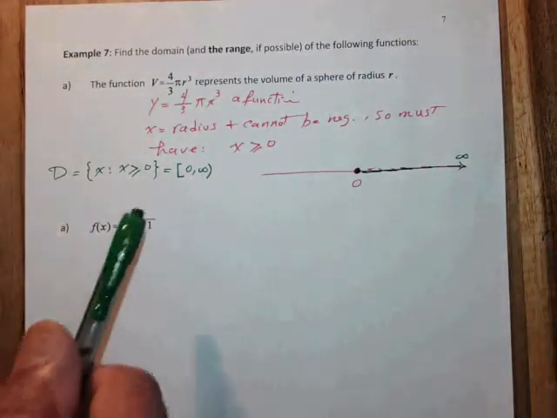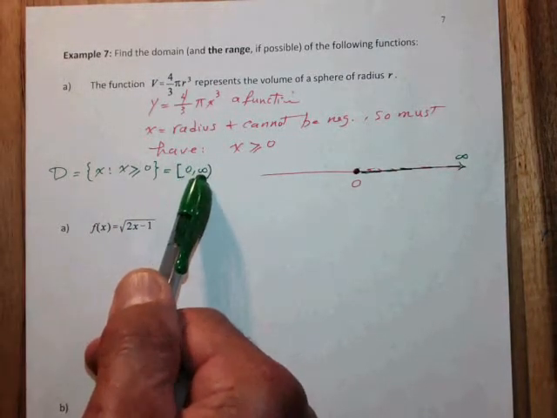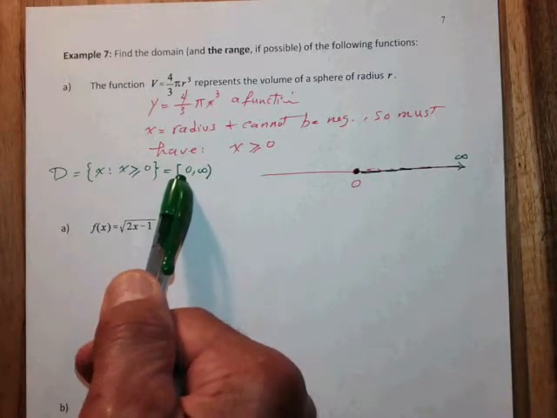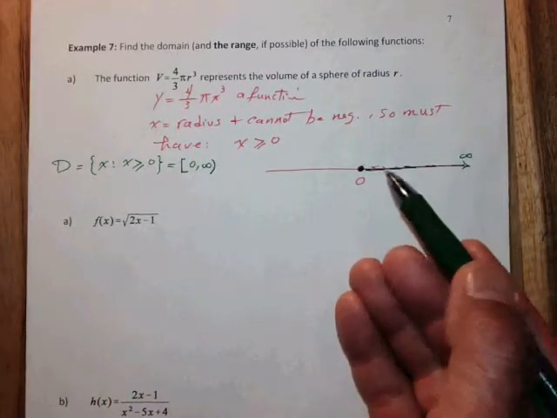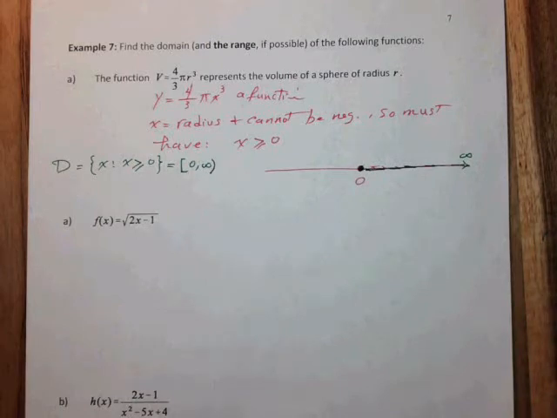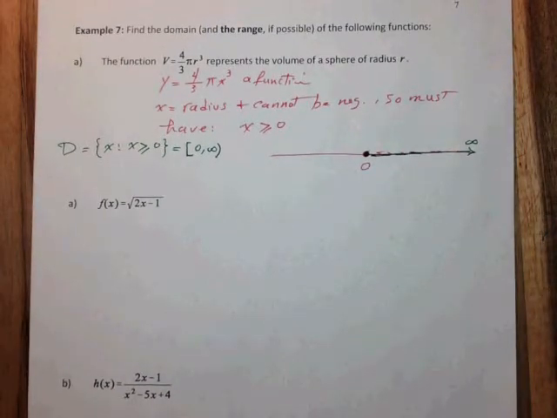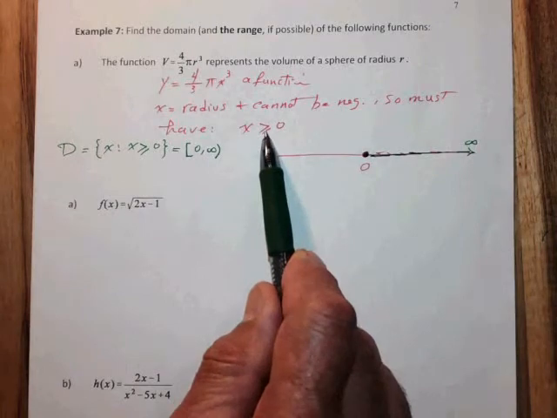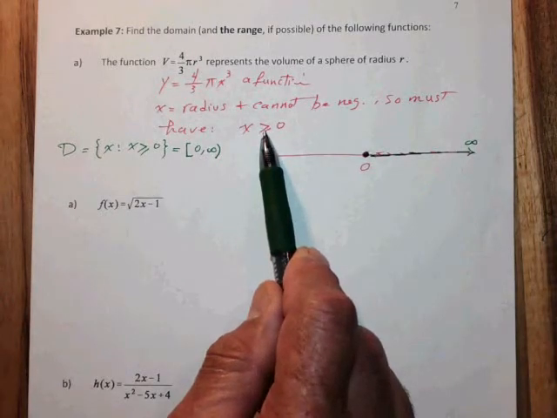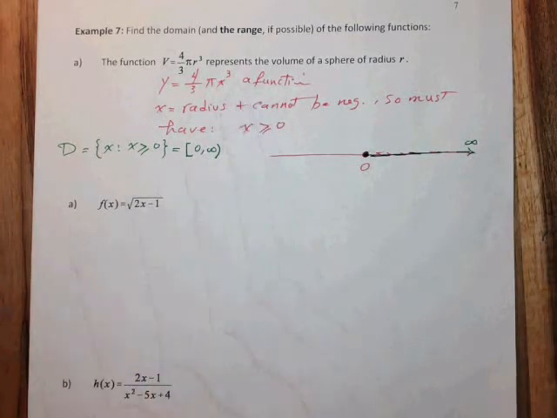So this means all the numbers between 0 and infinity including 0. So that's your domain, and this is the picture of it. So the restriction in this example was the fact that x had to be positive or 0, or non-negative.